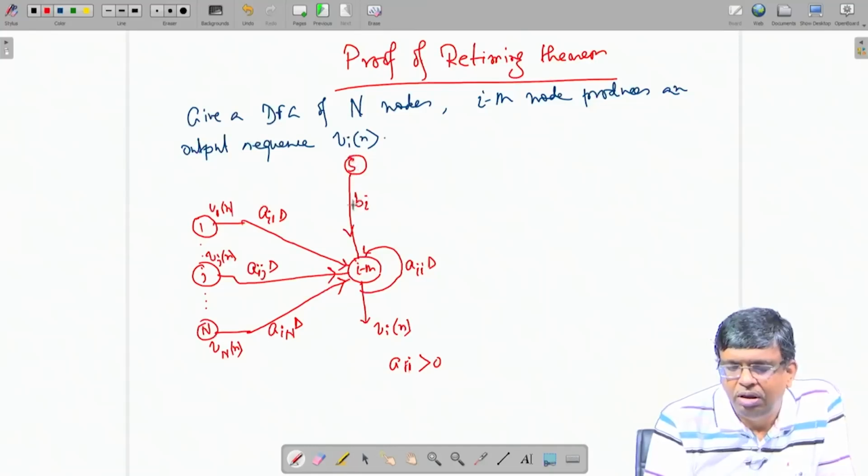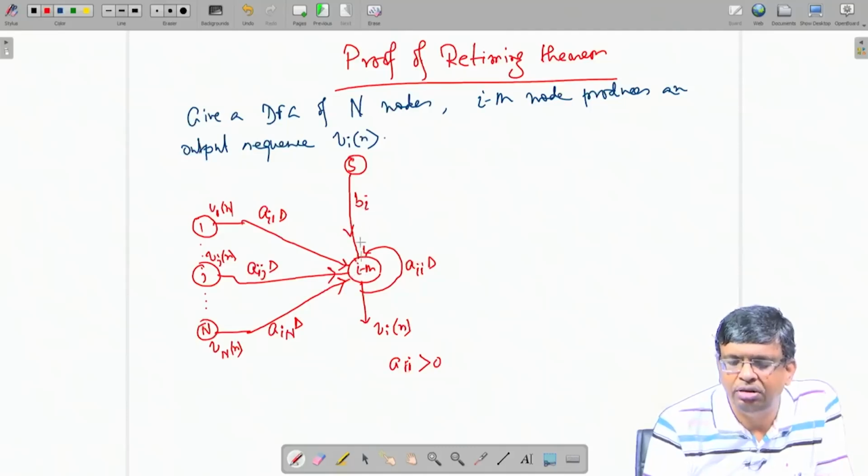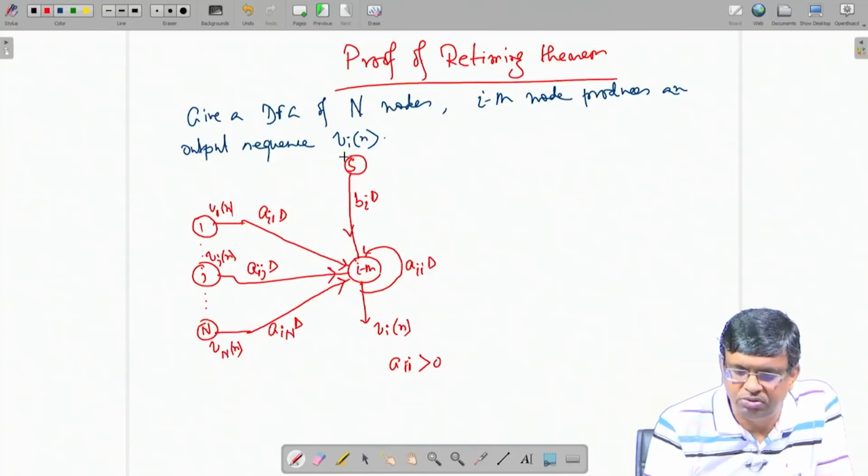When I look at the figure, capital B means an edge from the signal source to the ith node, denoted by b_i, while the others are denoted by small a, coming from node to node. Small b is the edge coming from the external signal source to the ith node, b_i times D. If b_i is 0, it is 0 delay; if b_i is infinity, there is no connection, that means this particular node does not take anything from the external signal source.